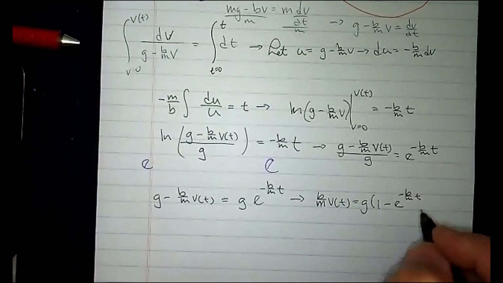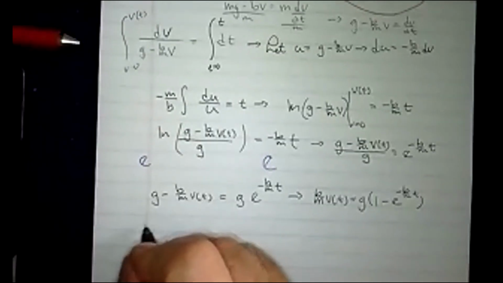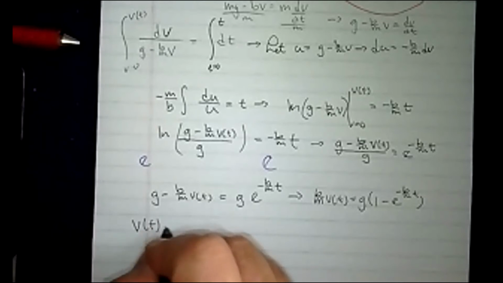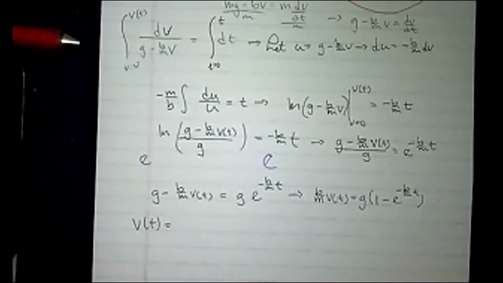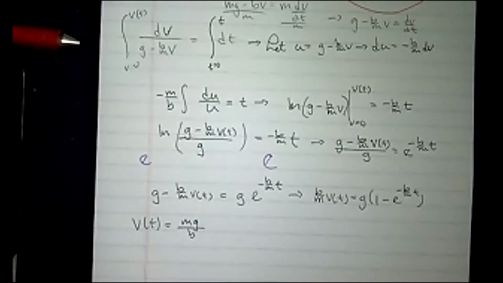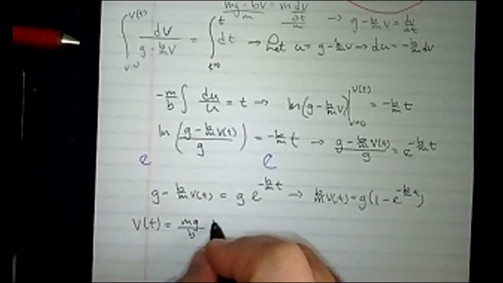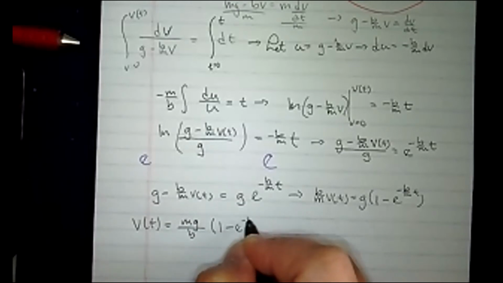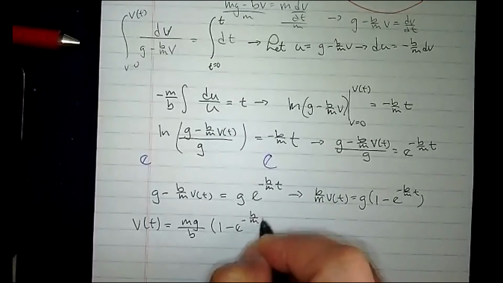We're getting closer and closer now. So finally, I can say that the velocity as a function of time is going to be equal to mg over b times 1 minus e to the negative b over m t.